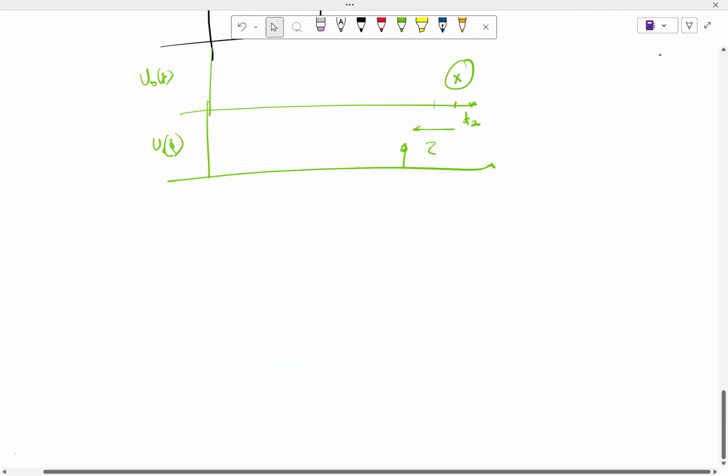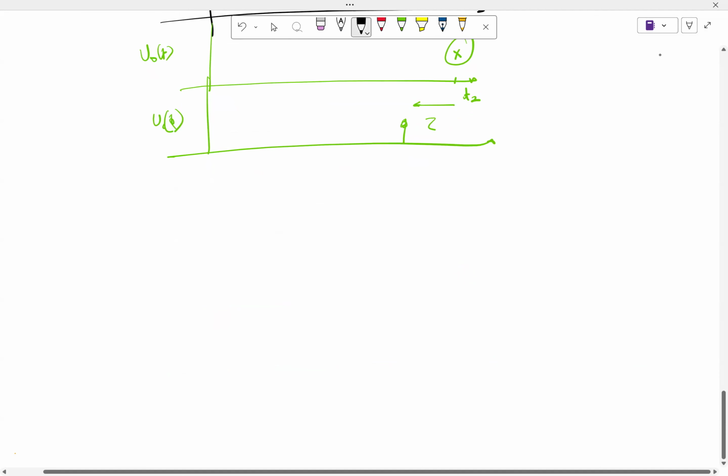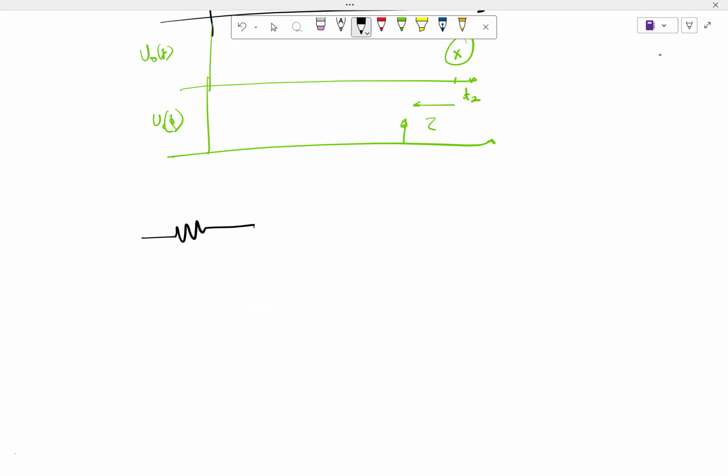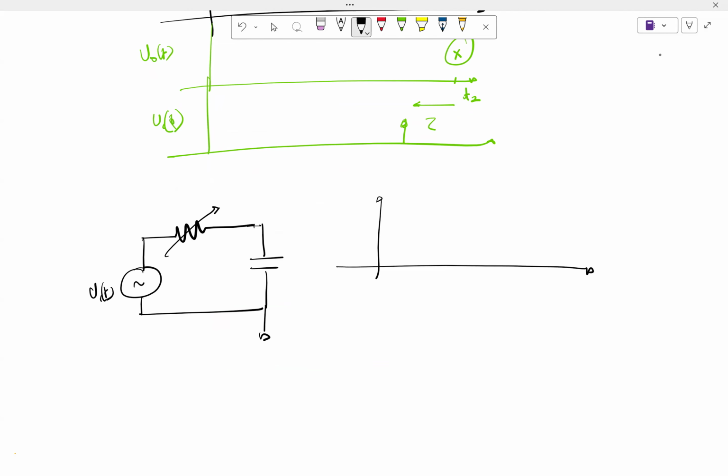And let's do it with one example. Let's say we have an RC circuit. This is VI. And let's say this R varies. So let's say R is R of t.